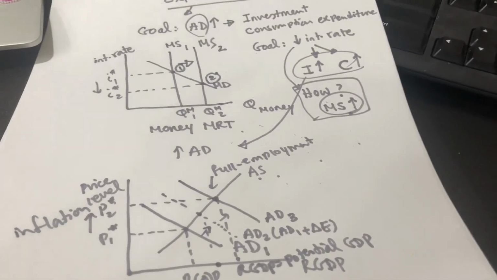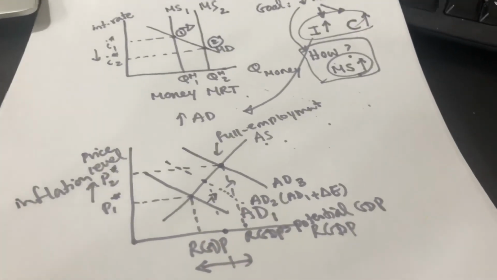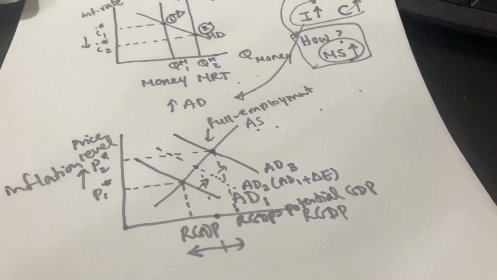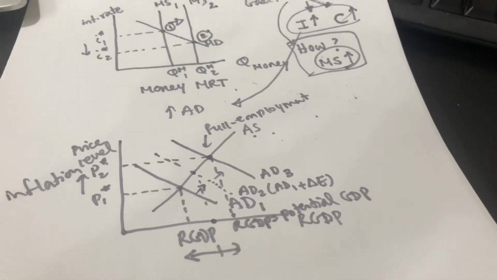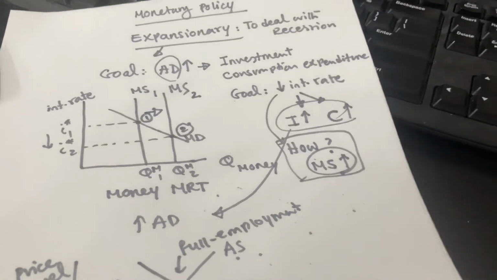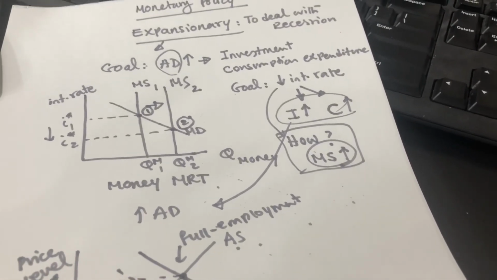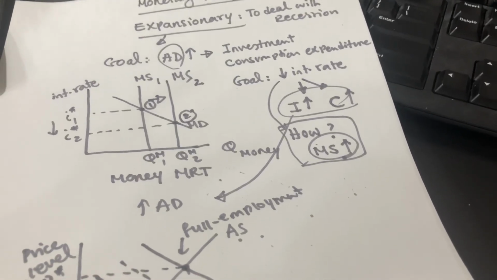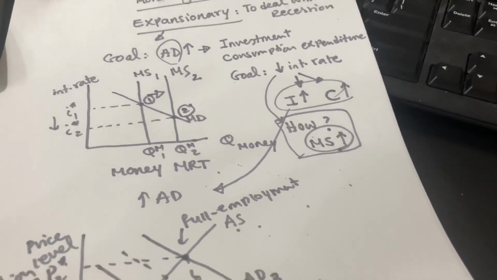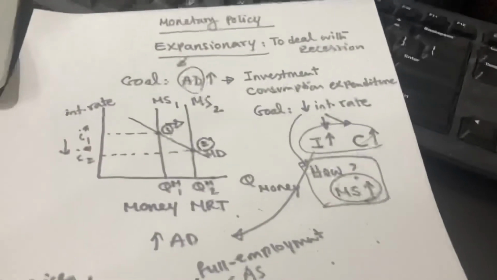So during the time that we have deep recession, the Federal Reserve and the government work together to increase this aggregate demand and deal with recession, because the Federal Reserve by itself is not that powerful to change things in the economy. Same thing with government. Government also needs the help of the Federal Reserve.